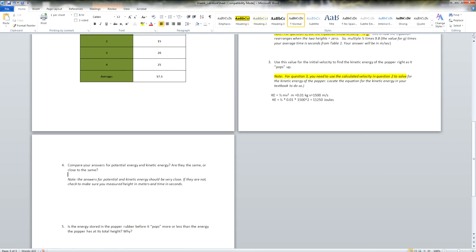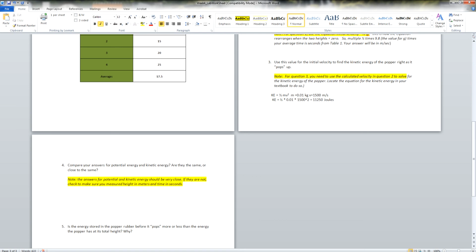Question 4 is now trying to compare, based on what we know as the law of conservation of energy. The question is asking here to compare potential energy and kinetic energy. Are they the same or close to the same? Take note here that your potential energy and kinetic energy should be very close.